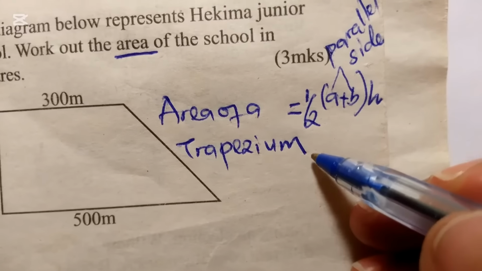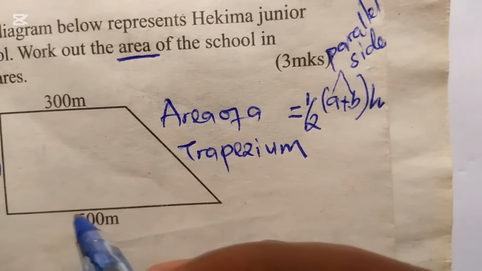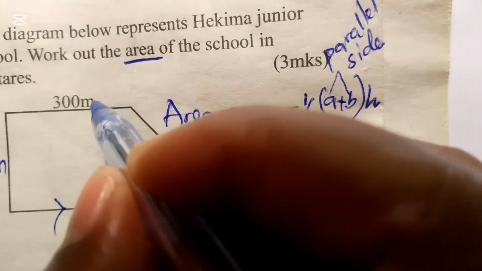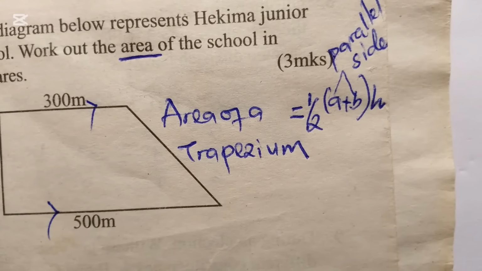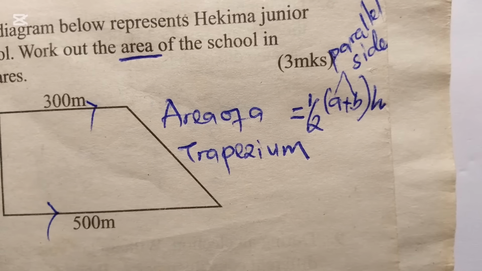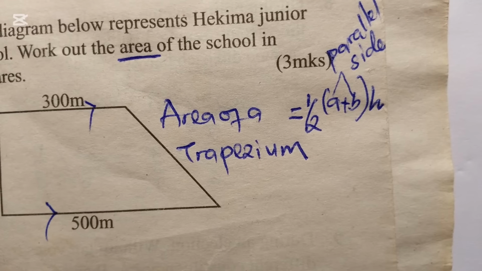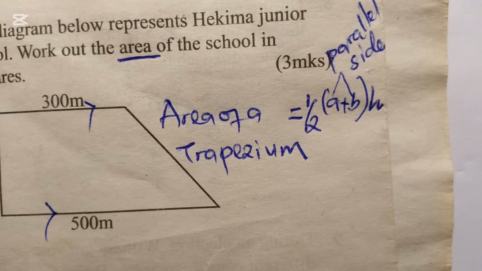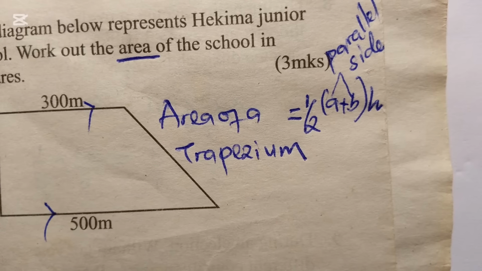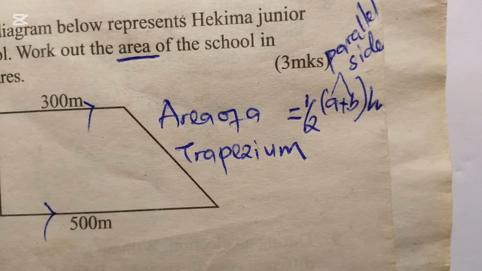Which are the parallel sides here? This side and this side. Look at that. Get to know the formula. Are you able to identify the unknowns? Can you substitute the unknowns with the knowns?